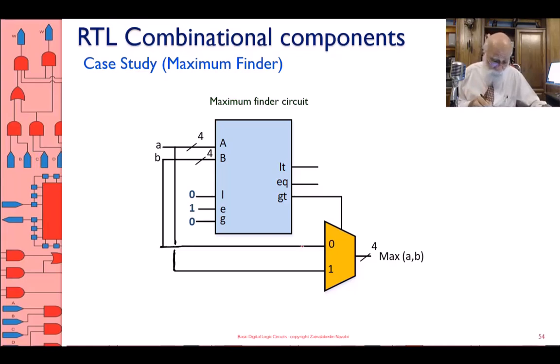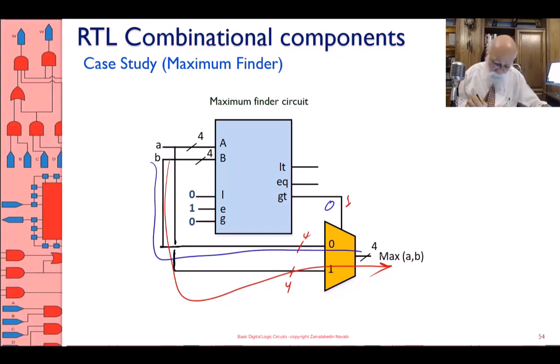A and B are 4 bits, and so this is 4, this is 4, and if A is greater than B, this becomes 1, and if this becomes 1, the A input goes into the output, and if it is 0, that means A is not greater than B, then B is going to go to the output.